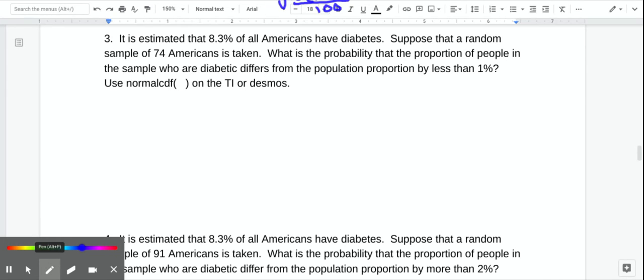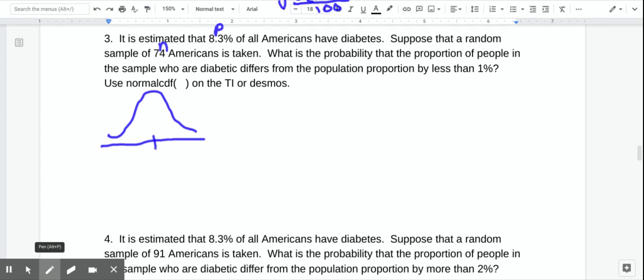All right, so estimated that 8.3%. That is from the population. That is P. So we have a random sample of 74 Americans. That's our N. We want to know what's the probability that the proportion differs by less than 1%. So when I draw this, we know that the middle is 0.083.